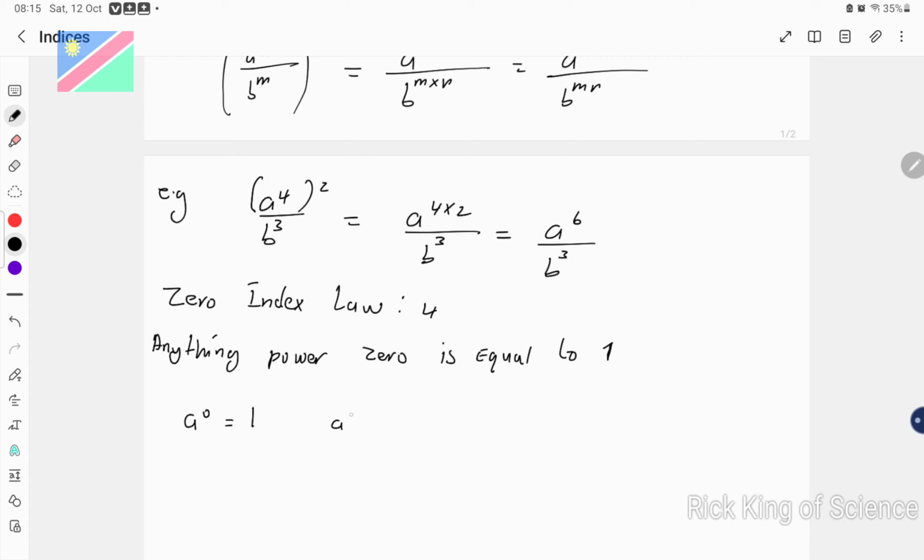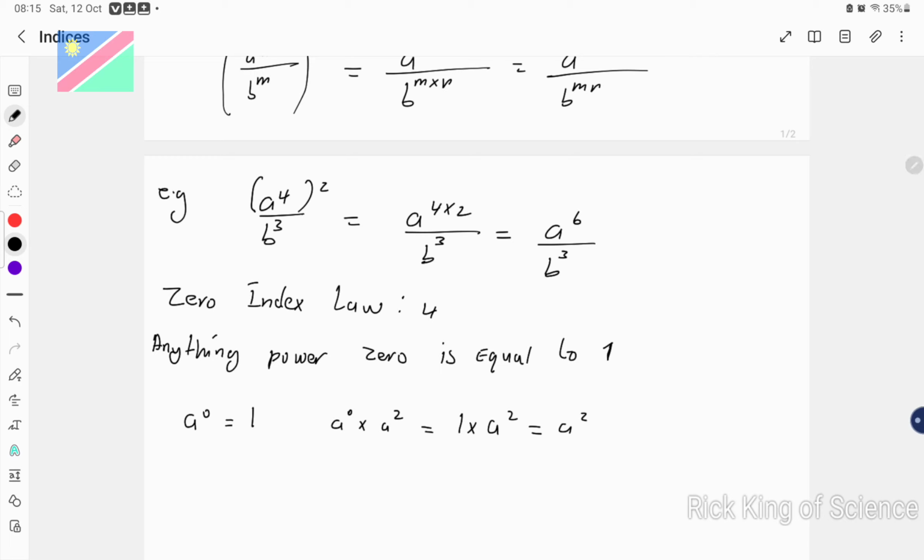If you have a power 0 times a power 2, then that means it's just a power 1 times a power 2, which is just a power 2. Are we together?